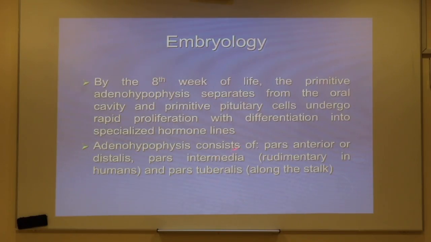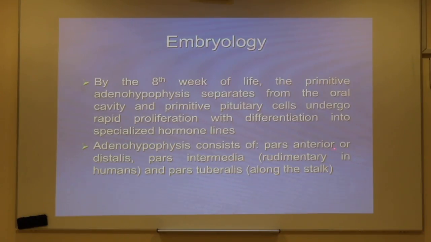By the 8th week of life, the primitive adenohypophysis separates from the oral cavity. So this Rathke's pouch separates from the oral cavity, and the primitive pituitary cells undergo rapid proliferation with differentiation into specialized hormone cells like somatotropes, lactotropes, and others.